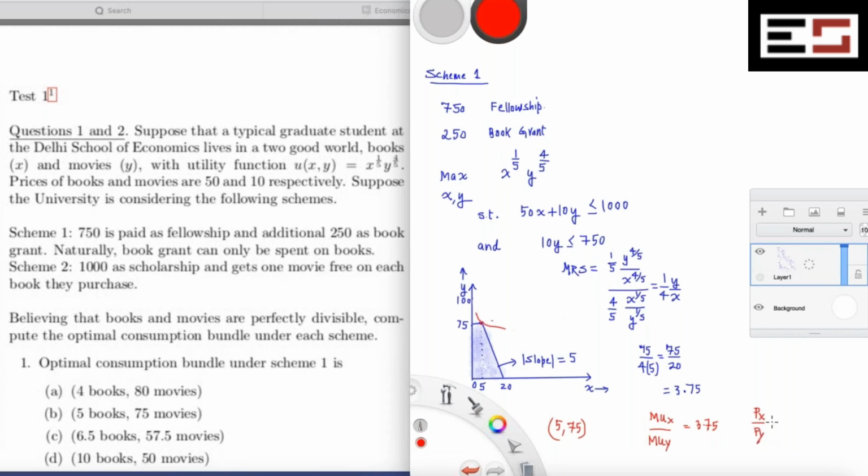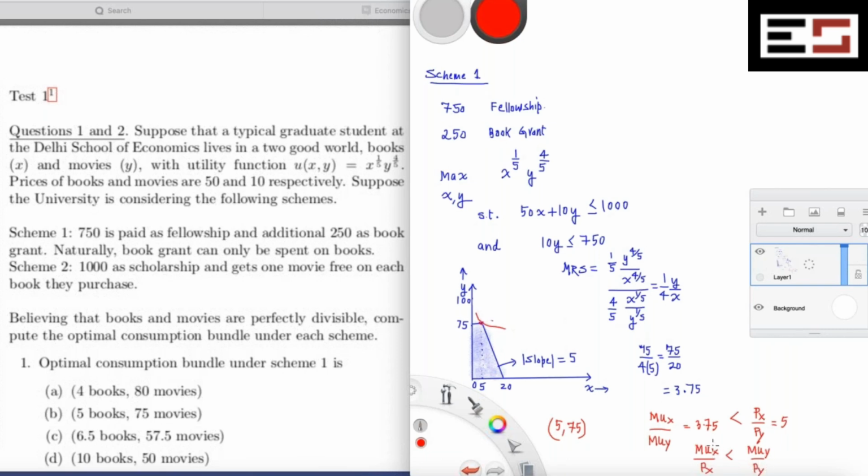And MUX by MUY is actually less than PX by PY at this point. So if I rewrite this inequality, I can write it like this: at this point MUX by PX is less than MUY by PY.